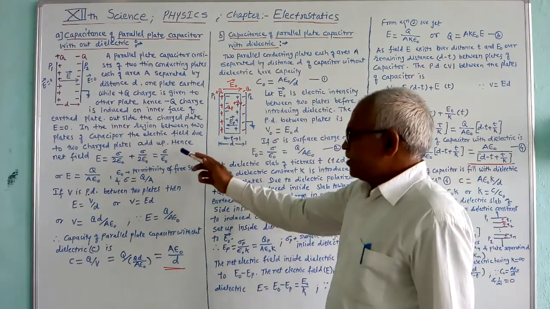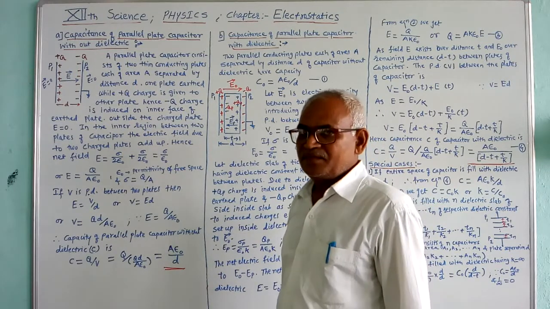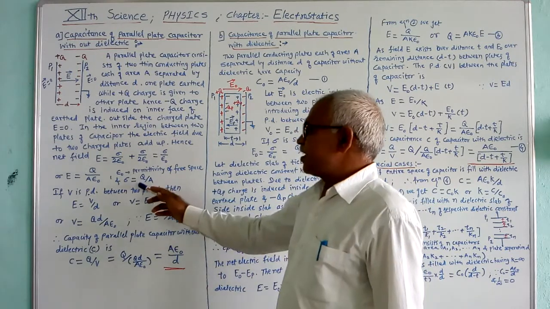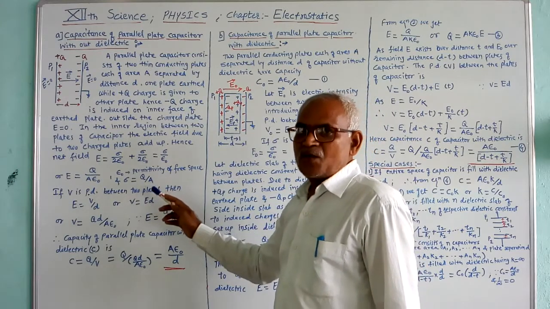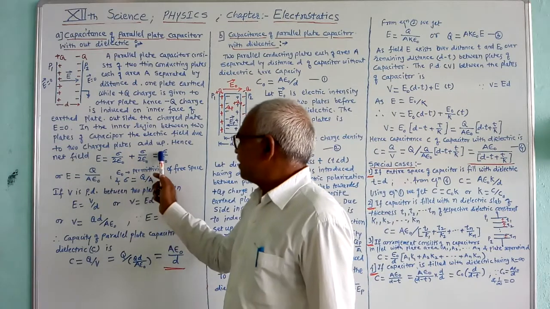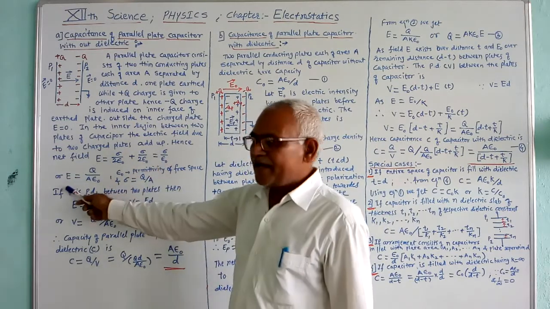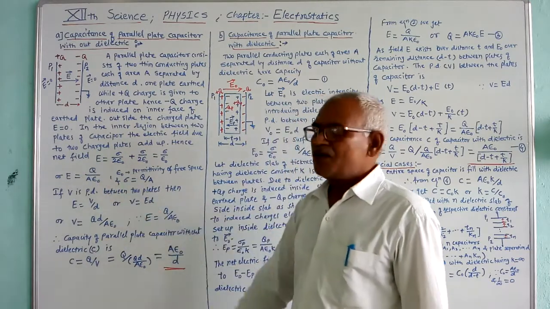Now here, sigma is the surface charge density. That means sigma is equal to charge per net area, Q upon A. Substituting the value of sigma, we get the electric intensity E equals Q upon A epsilon 0.